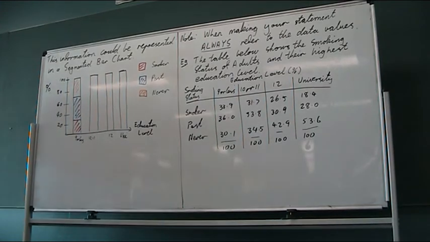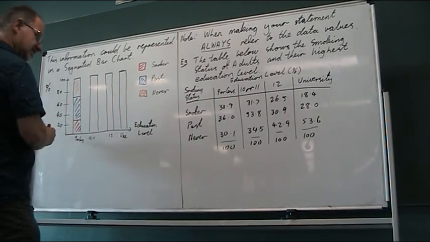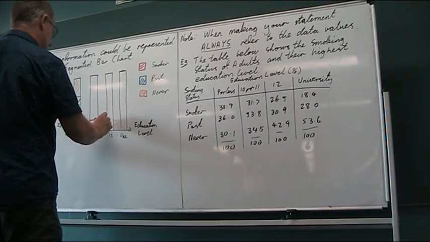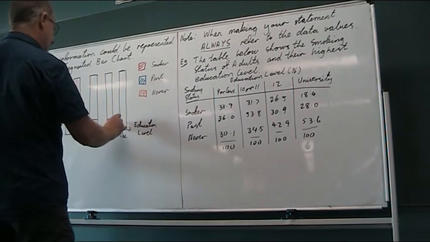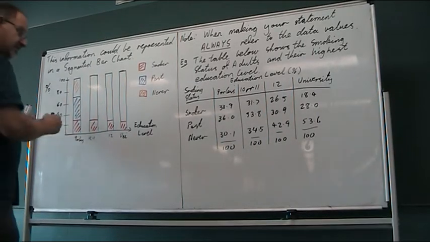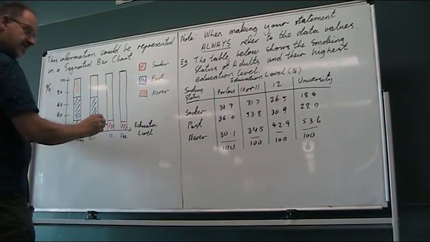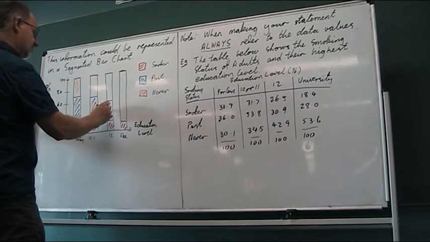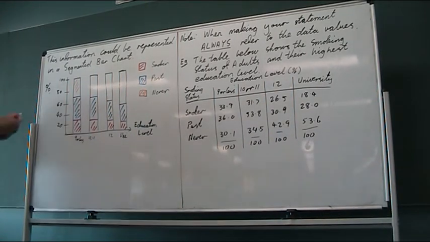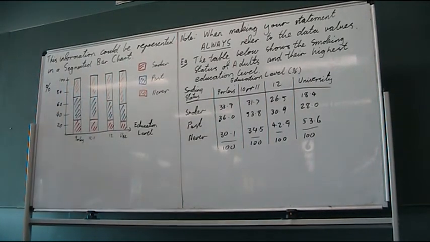And so we do the same for all of those. 31, 36, 18. So we get something like that.